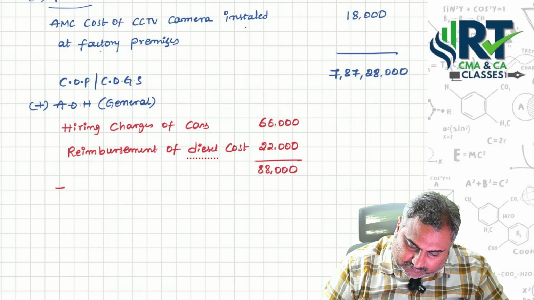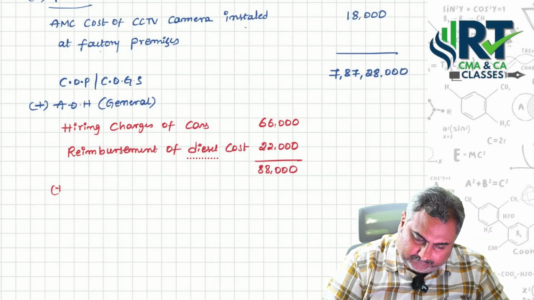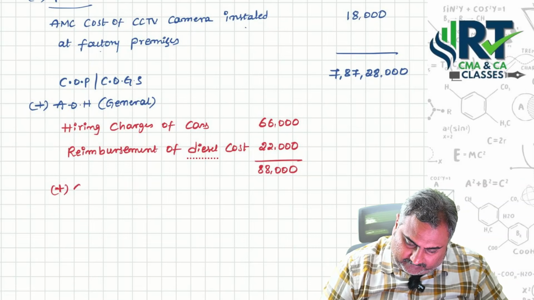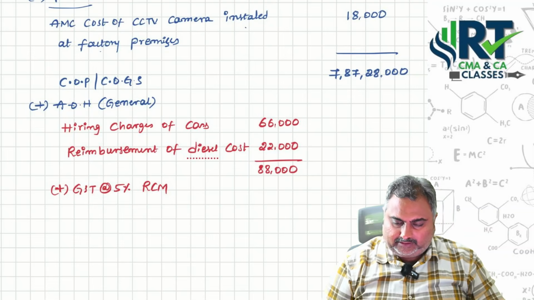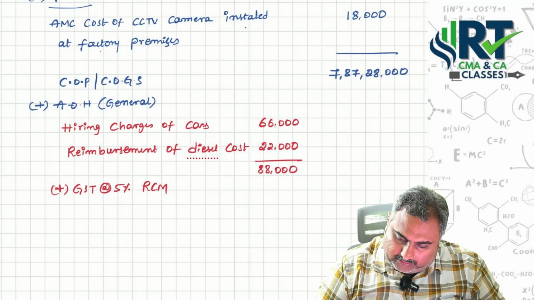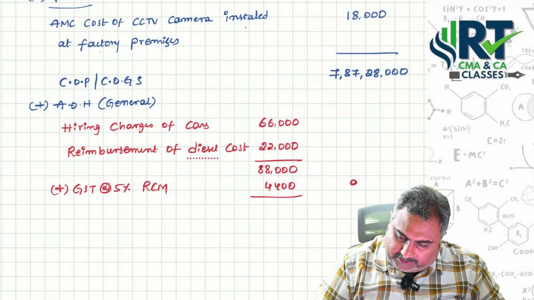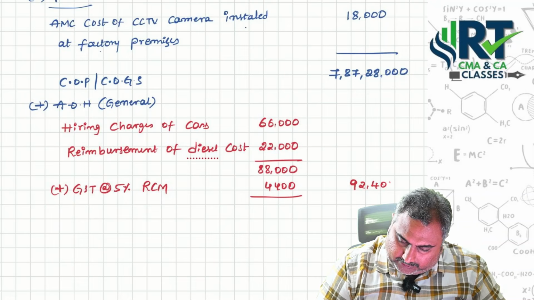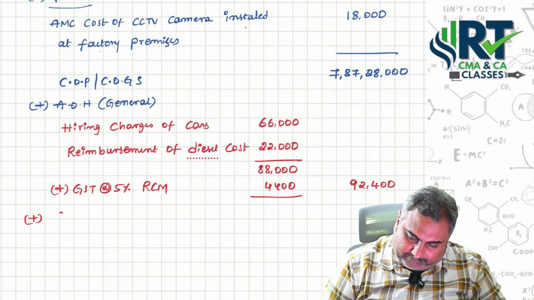Add GST at the rate of 5%, so that is equal to 4,400. Combined we get 92,400.